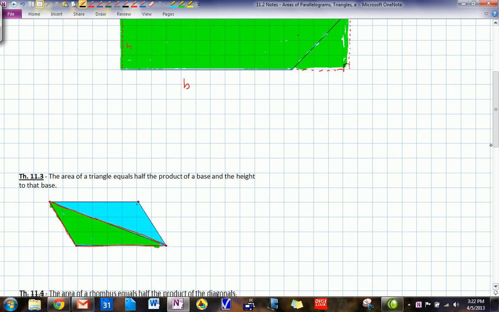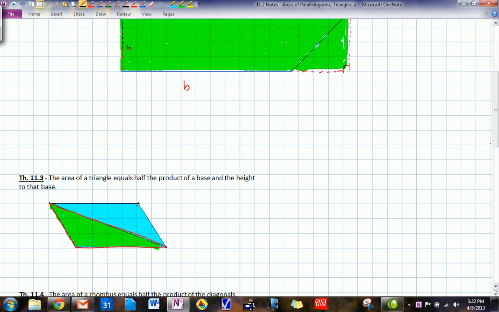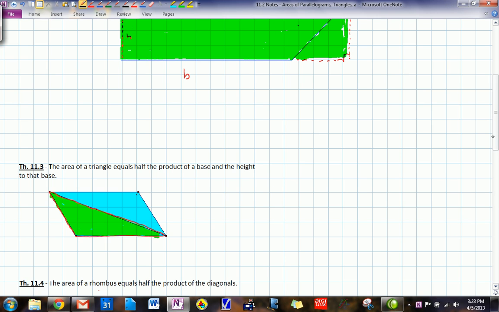Okay. So theorem 11.3, we're going to talk about the area of a triangle. And the theorem says the area of a triangle is half the product of the base and the height to that base. All right. Now the reason this is true, this is kind of common sense, is that if you think about it, a triangle is really 1/2 of a parallelogram. So as you can see in my figure here, the green shaded region is the triangle, is half as big as the parallelogram.